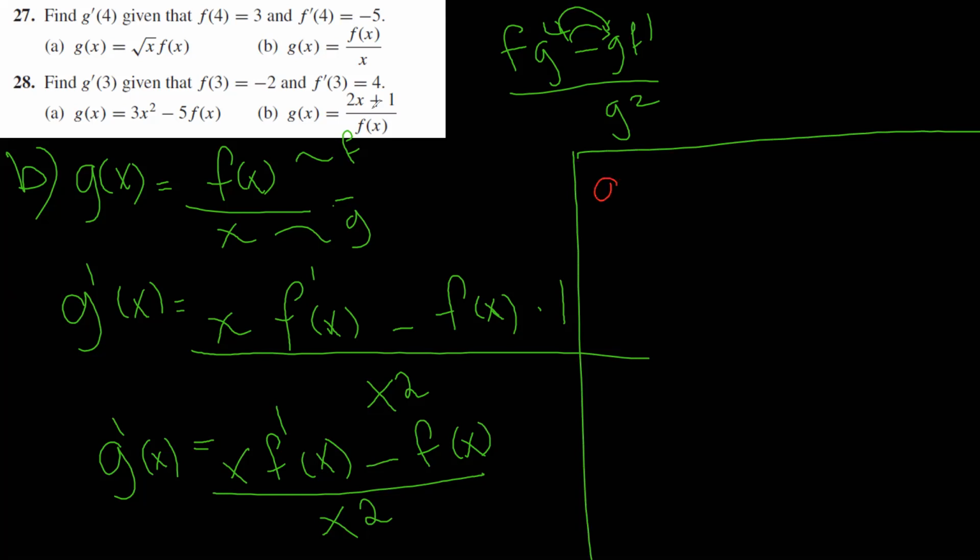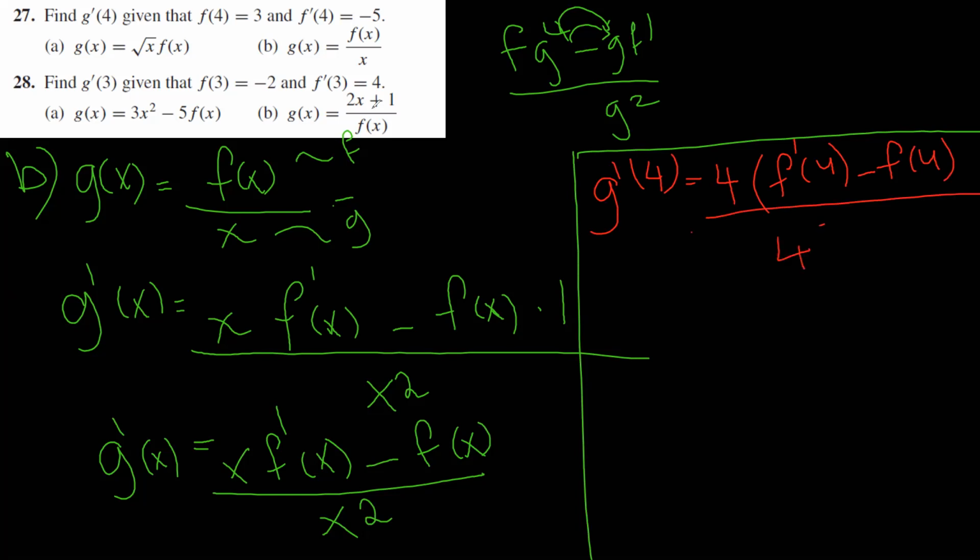Then I need now g prime of 4. To find g prime of 4, we just substitute 4 in each x. So it is 4 times f prime of 4 minus f of 4 over 4 squared. What is the value of f prime of 4 from the question? It's -5.